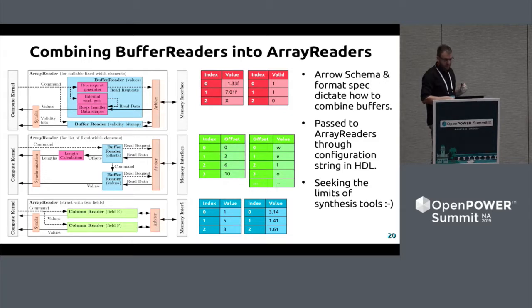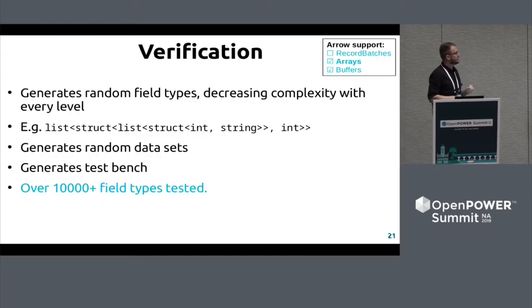So we wanted to test a lot of configuration strings, of course, because we can have a lot of crazy arrow field types. For example, you could have a list of a structure of a list and an integer, and then inside that inner list, you could have a structure of an integer and a string or something. So the craziest data types you could come up with, of course, there's an infinite amount you could generate.